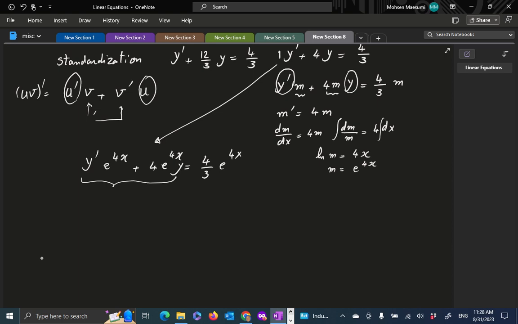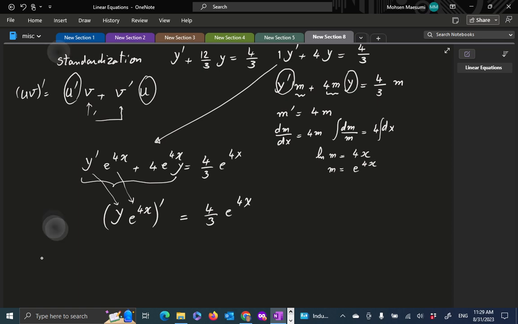What it did is that the left-hand side is the complete derivative. That is, if you write y exponential of 4x, there is no guessing involved here. This is y, and this is just that. There is no work to be done. If you differentiate this, you get that, because derivative of the first times the second, plus the first times the derivative of the second, is just as you see it here, and the right-hand side is 4/3 of exponential of 4x.